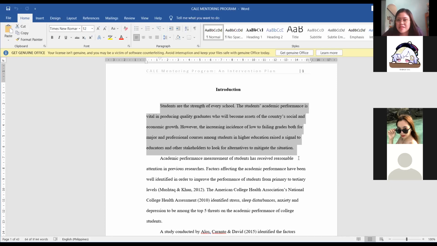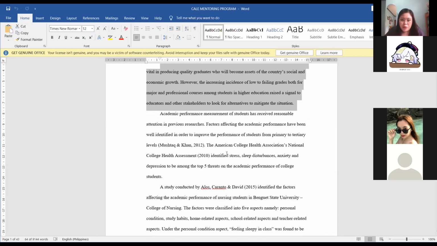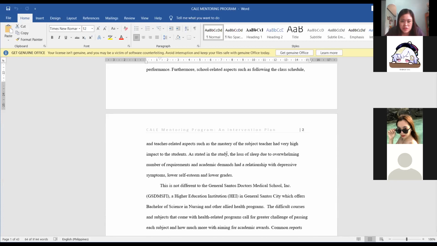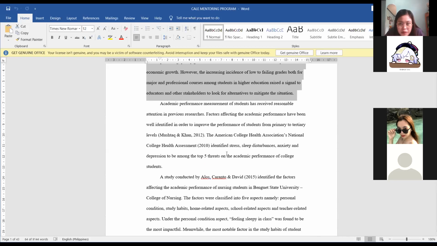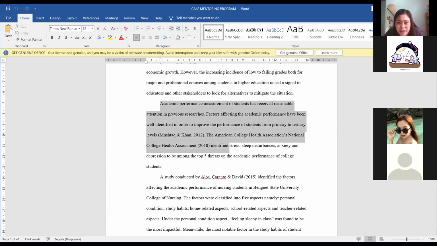The problem of my study is naay problem ang mga estudyante, and that is the increasing incidence of low to failing grades. Therefore, it leads the educator to find solution for that. So mo na siya hangtod sa na-introduce na ko, nagbutang ko din hiog mga daghang factors kani academic performance man ang ginaistoryahan.